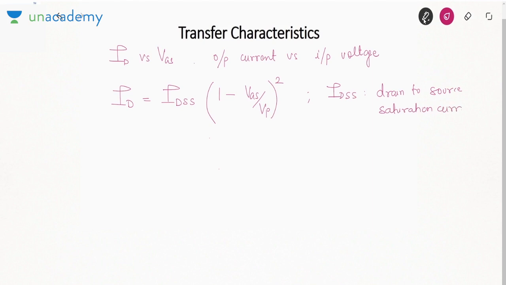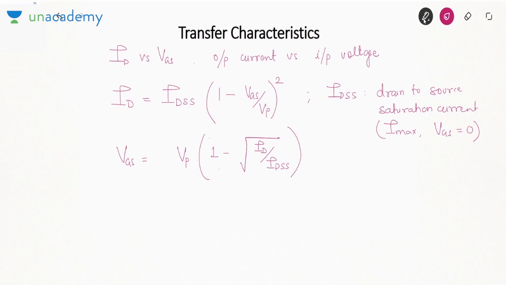Saturation means maximum current, and maximum current occurs when VGS is 0. Now from here, if you want to find VGS, it will be VP multiplied by 1 minus under root ID over IDSS. So that is how you can find out the gate to source voltage in terms of drain current.